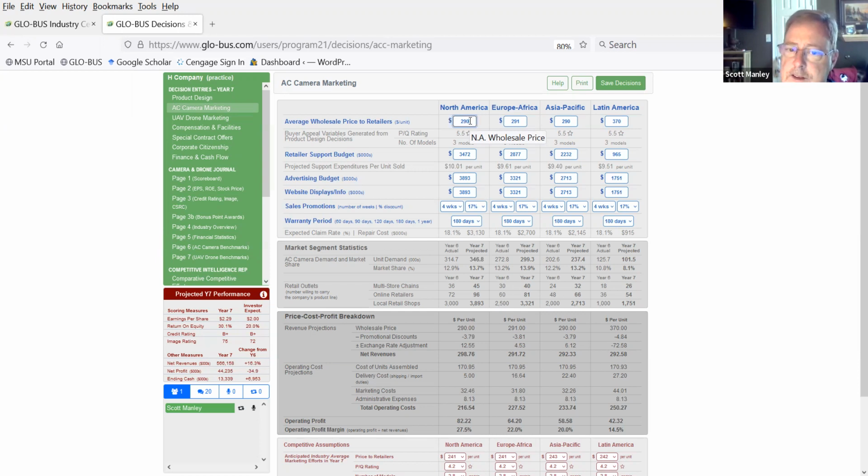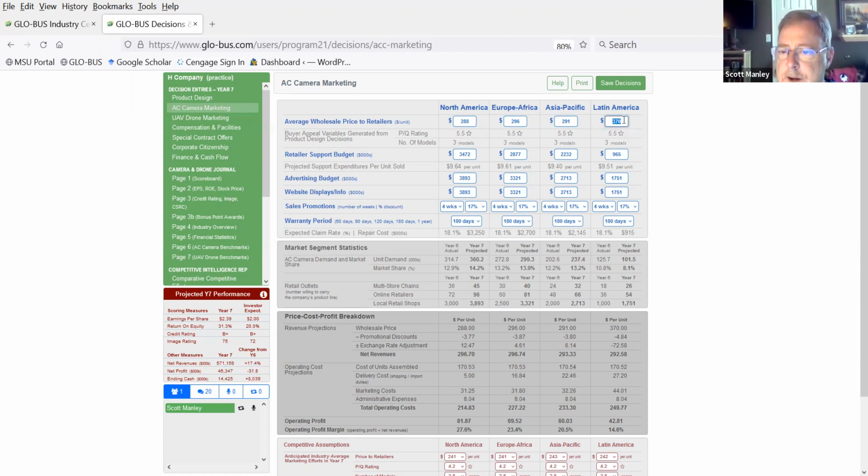At 290, it drops to 13.7. So I probably want to put my price at 288 because that's the point at which I start to potentially lose sales. Okay, so I'm going to continue in each market raising my price until I lose market share and then back off $1 or $2 on those prices.